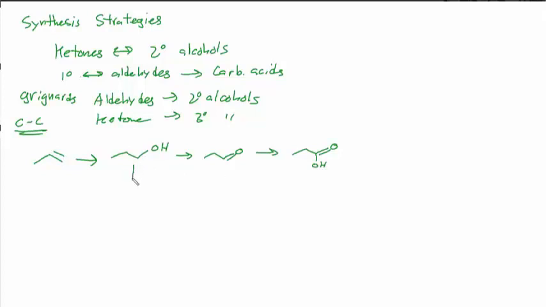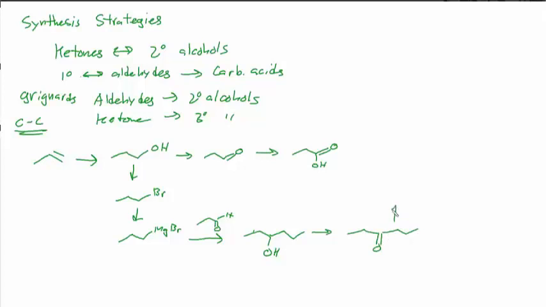We can also take that alcohol and turn it into an alkyl halide, and that alkyl halide can be converted into a Grignard. And we can react the Grignard with a ketone or aldehyde and come up with a secondary alcohol that can be oxidized to a ketone.